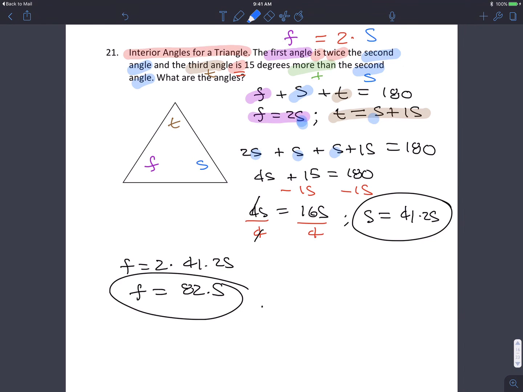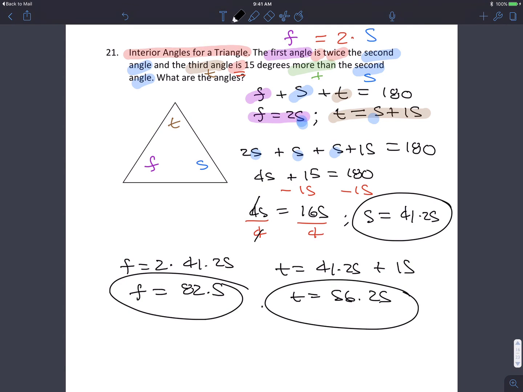Plug in my S here for the third angle. My third angle will be simply 41.25 plus 15. My third angle becomes 56.25. Double check. Let me write that a little nicer. There we go. These are my angles.